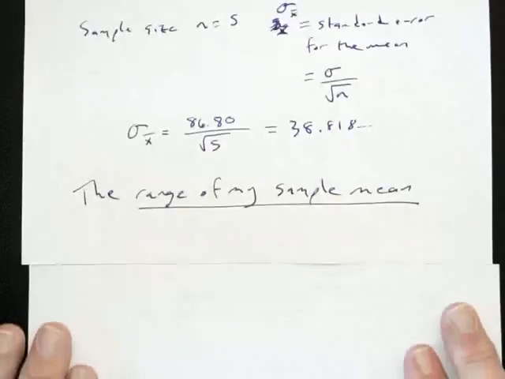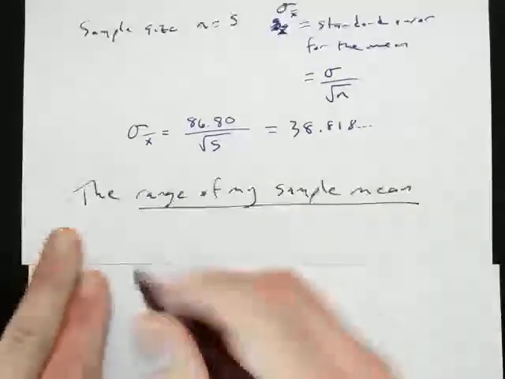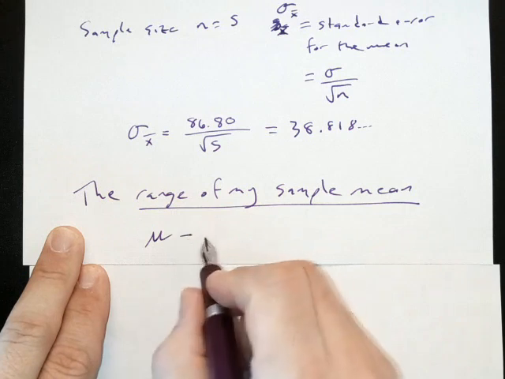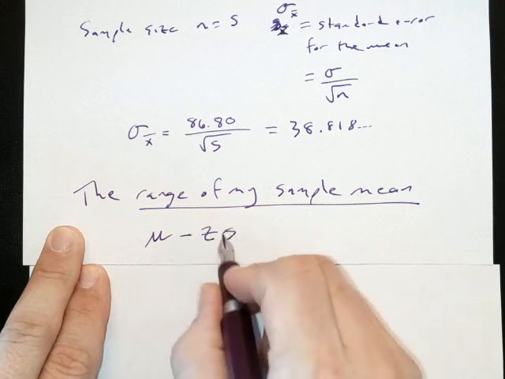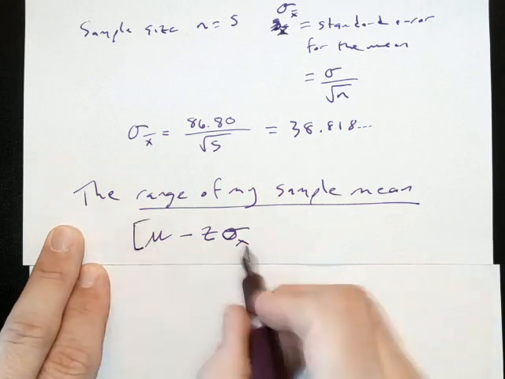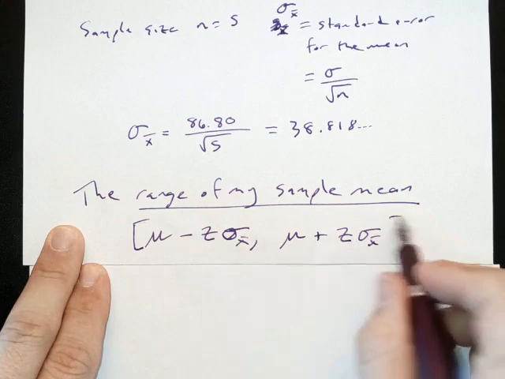And the way I compute this range is to use the z-value of sureness I want. I only want to be 90% sure. Then I'll say, oh, a 90% interval comes from taking my average and subtracting z times the standard error, or taking the average and adding z times the standard error.